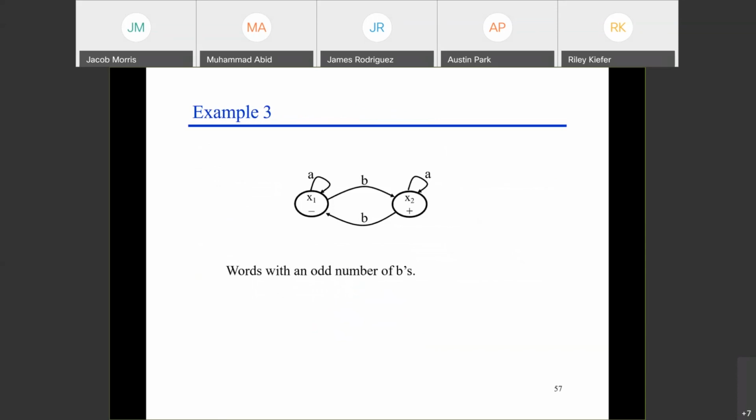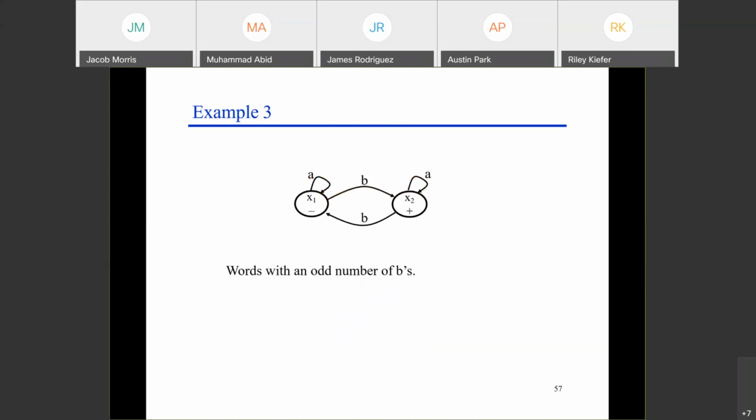Let's see what this FA is. So this FA is basically words with an odd number of B's. It can start with A, it can start with B, and it can end with B also. It can end with A also. But if it has B's, it always has an odd number of B's.